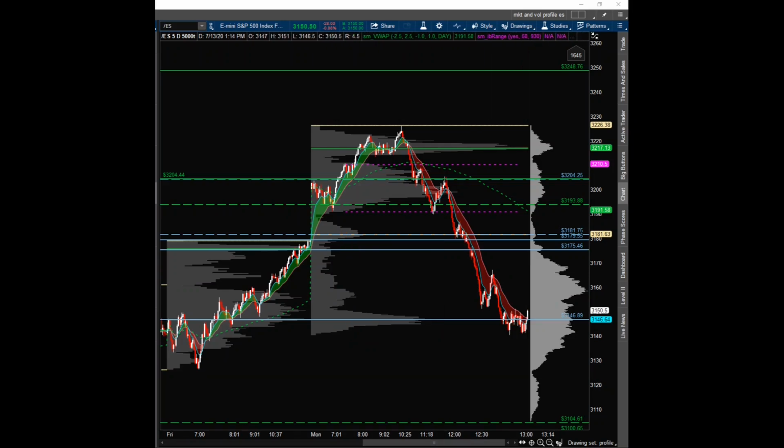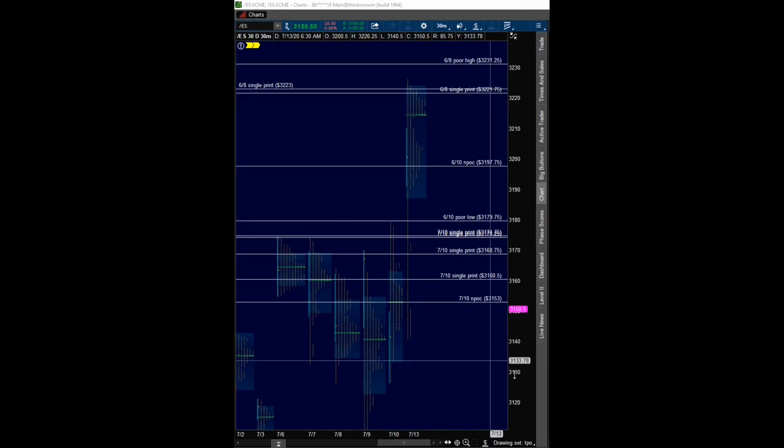And let's just run through the market profile a little bit. Here on the market profile, you can see a lot of this stuff pretty much got cleaned up. Remember all these poor highs, poor lows, single prints, the points of control that hadn't been tagged, they got tagged and resolved. So today it essentially left these single prints, and we are looking for these single prints to get filled in the future.